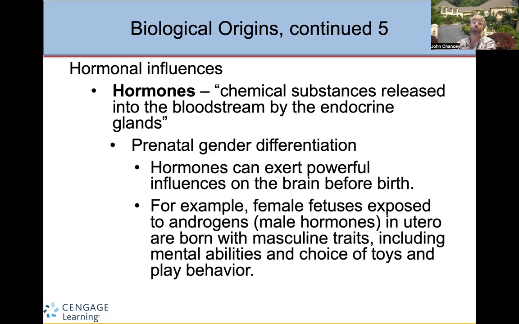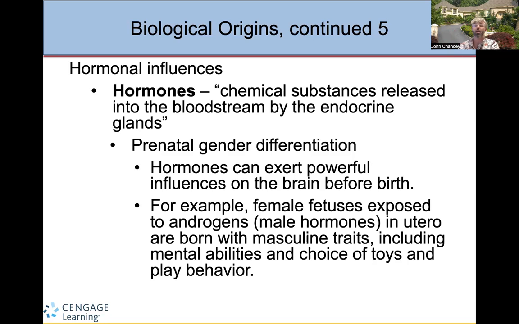Another physical explanation in terms of where differences come from is hormones. Remember, our body has two forms of communicating. The fast way is the nervous system. The slower way is our endocrine system, which produces hormones, these chemical substances that are released in the bloodstream. We do see, for example, that prenatal gender differentiation is a reflection of hormones. The hormones that are developing in utero have a powerful influence on the brain before birth.